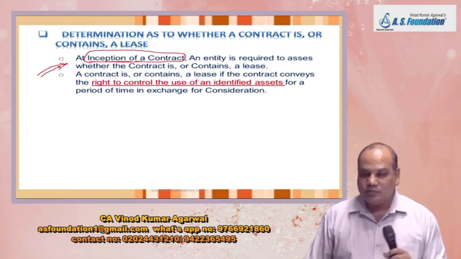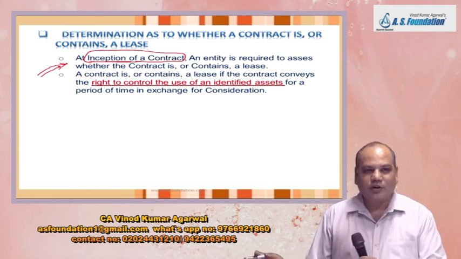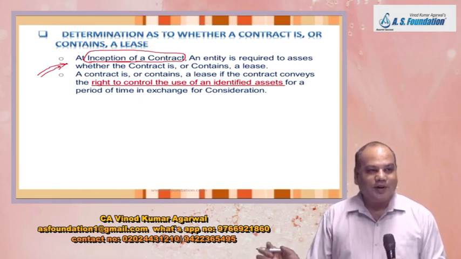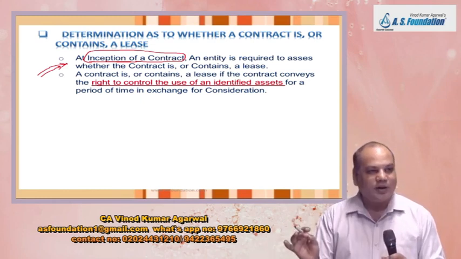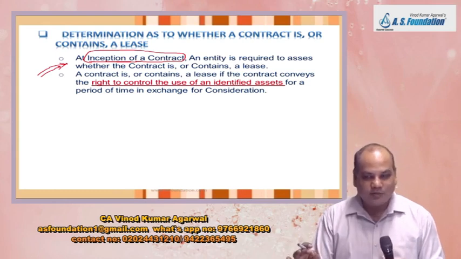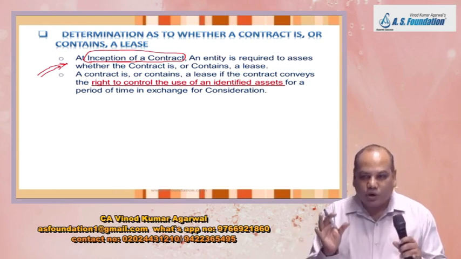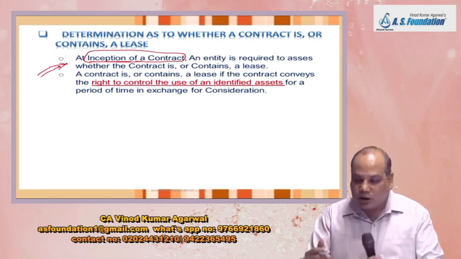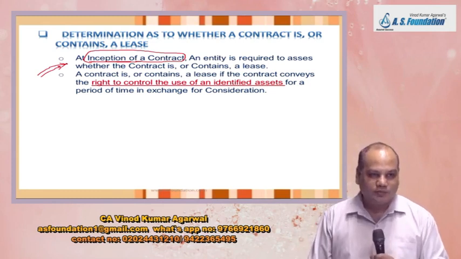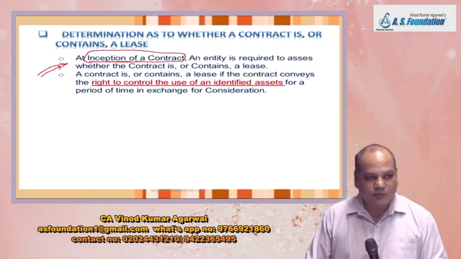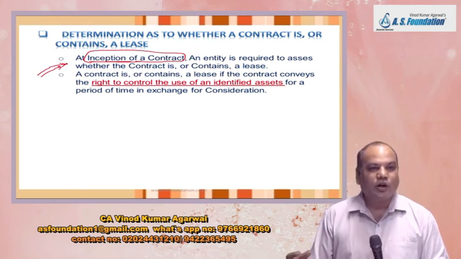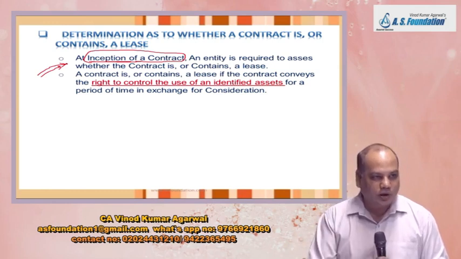On that day, the lessee and the lessor will sit down and check whether this contract is a lease contract or whether this contract contains a lease contract. The contract itself is a lease contract, or the contract may include a lease contract.